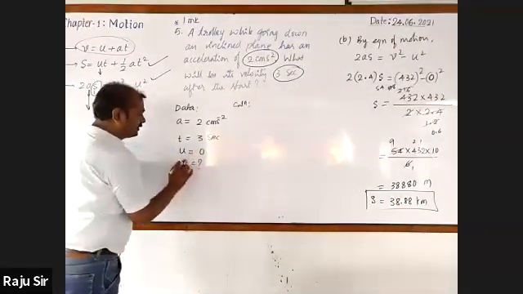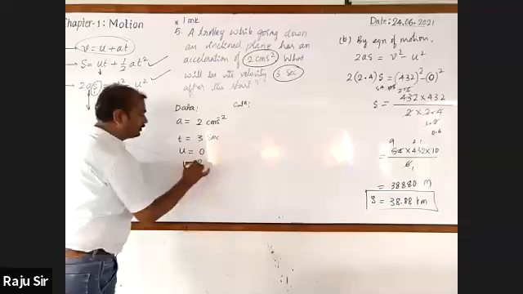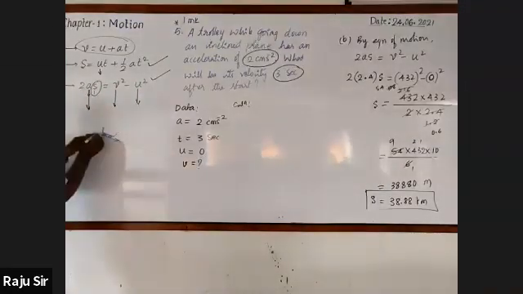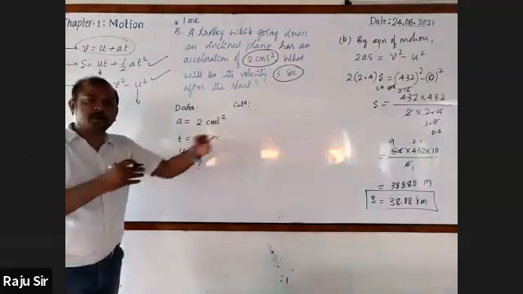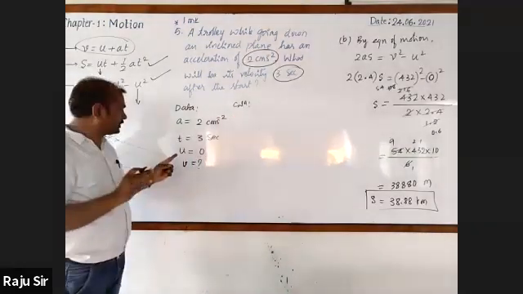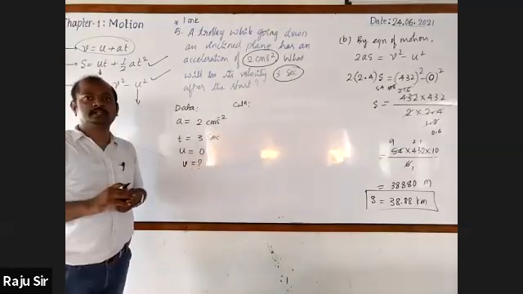Initial velocity will be 0. You are going to find out final velocity. It starts from a point. Before starting, it was at rest, so initial velocity is 0. Then it will keep on moving, but we are going to find out what its velocity is after 3 seconds.